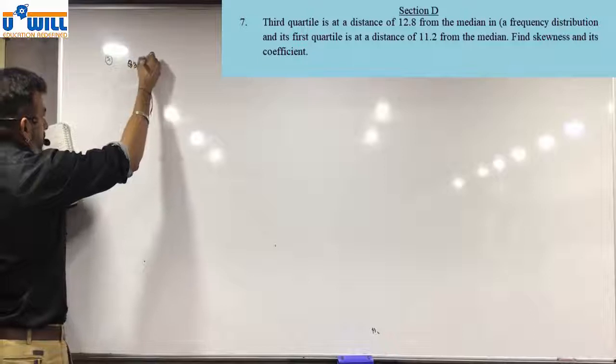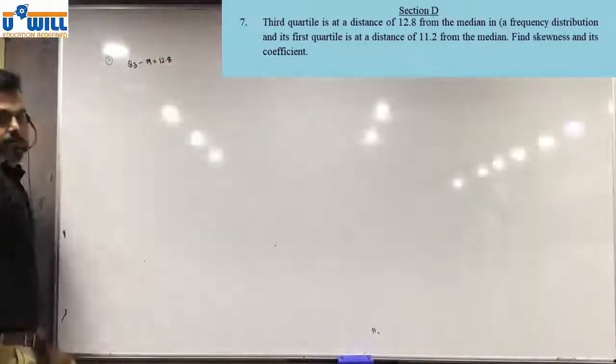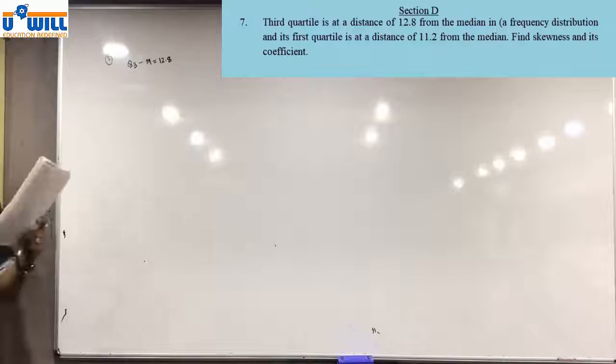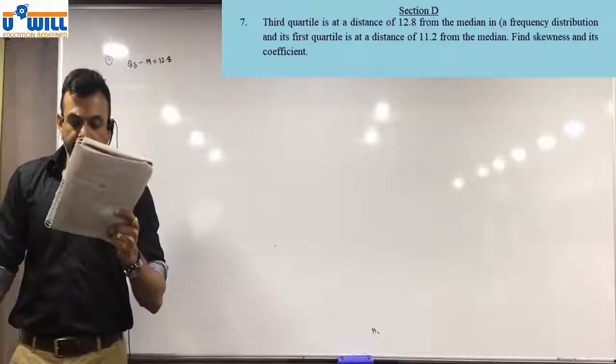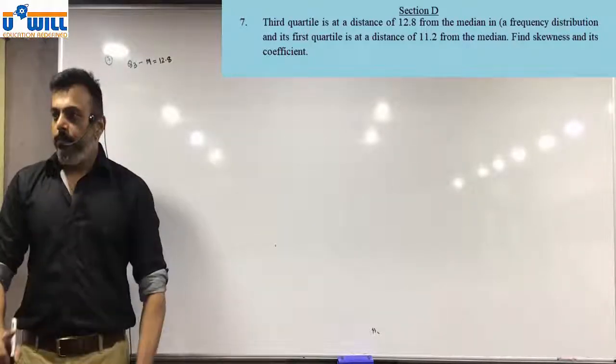So Q3 minus M is equal to 12.8. Understood this? Read once again.